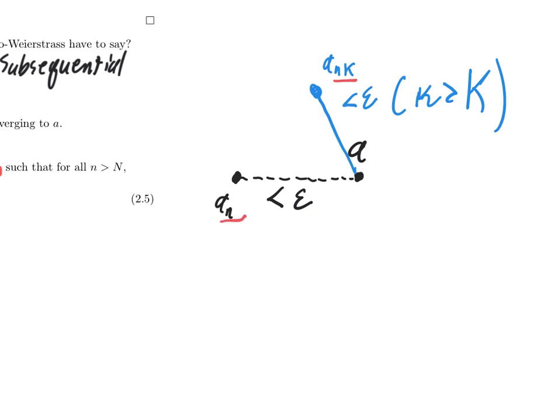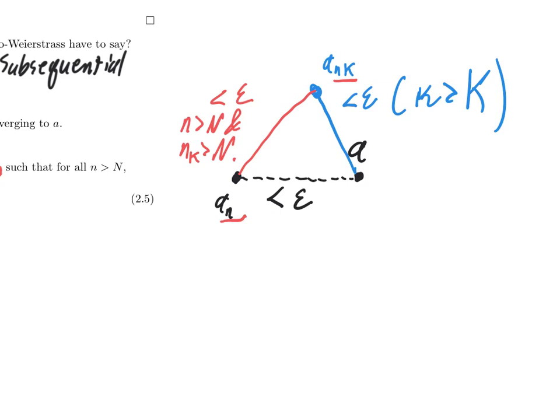As long as those are both terms that are far enough along in the sequence, they're close to each other by the Cauchy criterion. So I can get this length to be less than epsilon, as long as little n is bigger than some big N that comes from the Cauchy criterion, and as long as n sub k is bigger than big N.